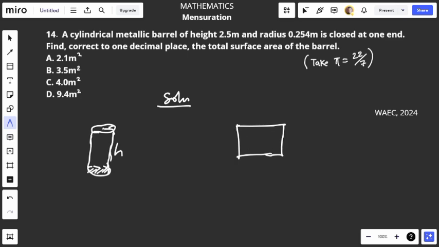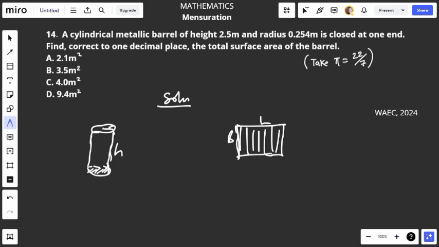You multiply the breadth by how many of it you can count along the length, so it becomes length times breadth. So for a cylinder, how do we know the formula to use?